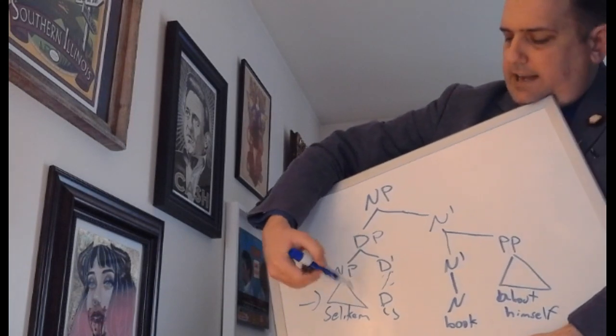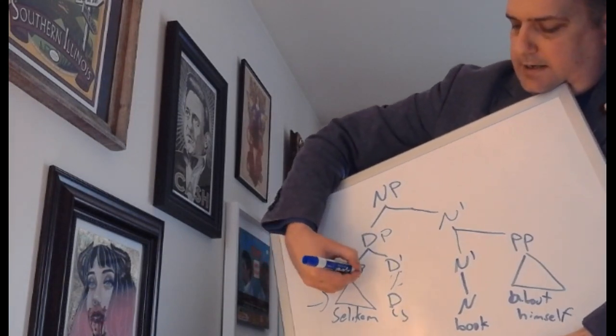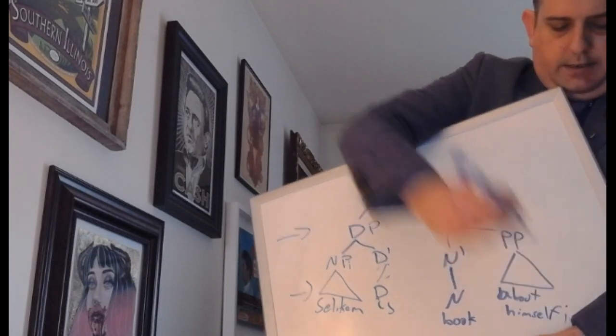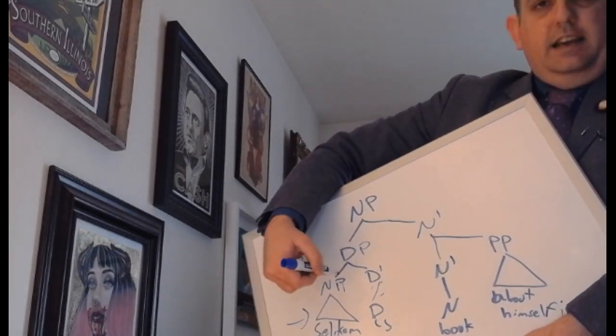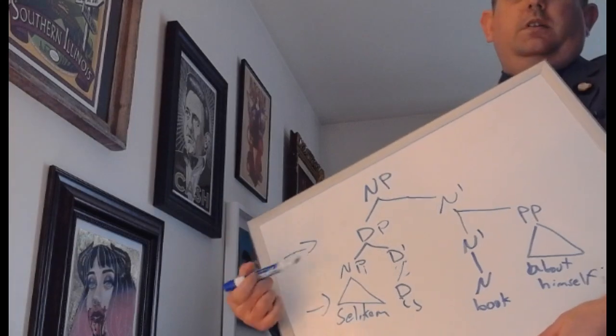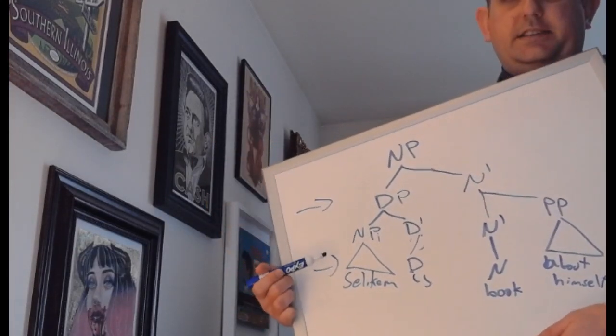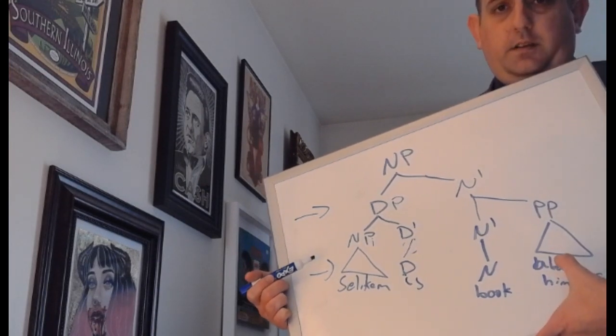Is that Seligman here, which should be sub I, is not in a C-command relationship with himself. So Seligman does not C-command himself.